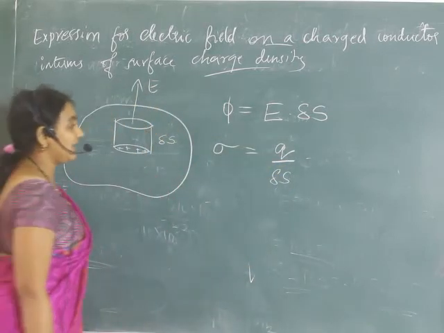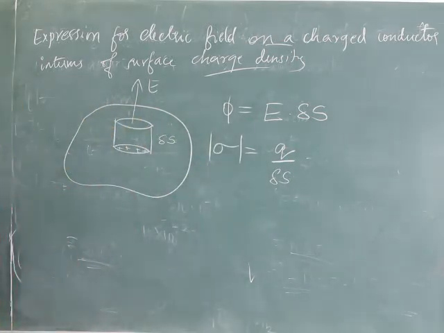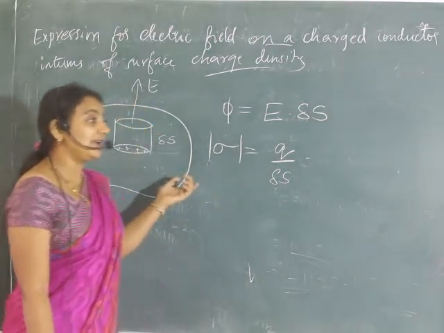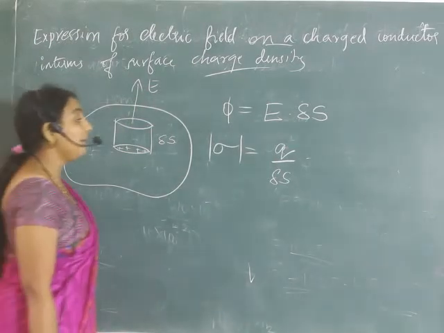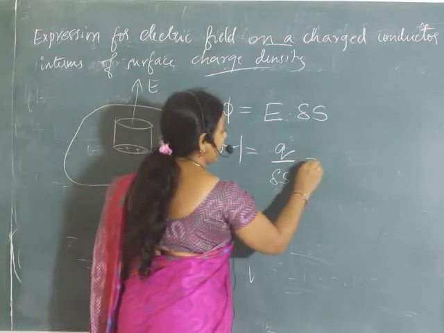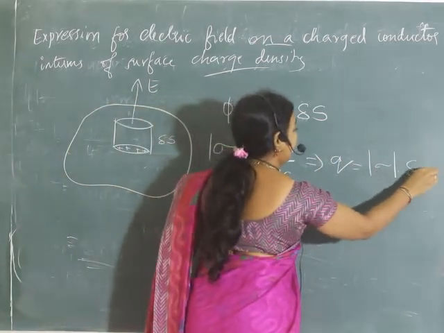So I will write the magnitude of sigma. Sigma can be positive, sigma can be negative. Sigma is positive means the value is greater than 0. If sigma is less than 0, it is negative. Magnitude of sigma is Q by delta S. Then I can say Q is equal to sigma into delta S.